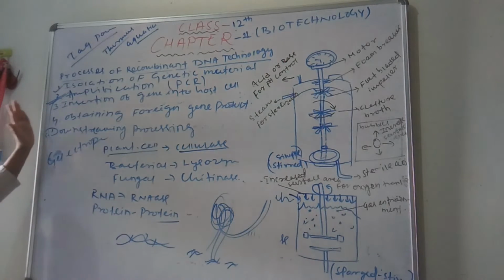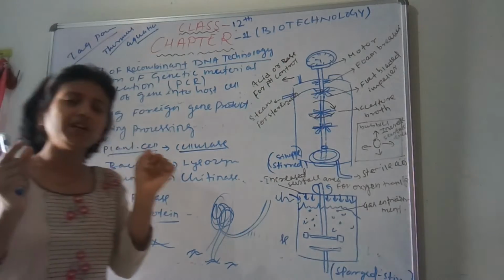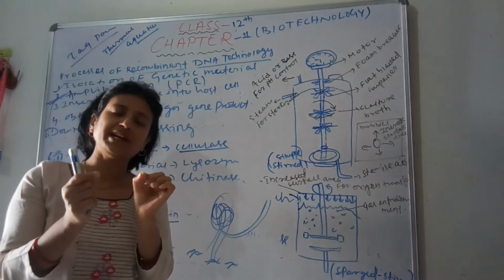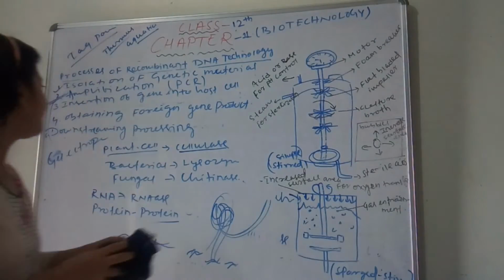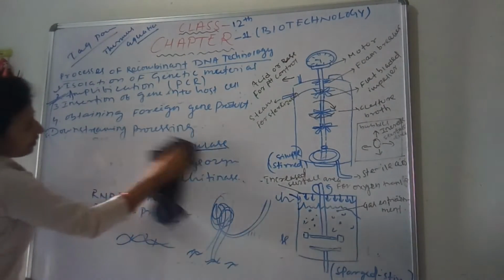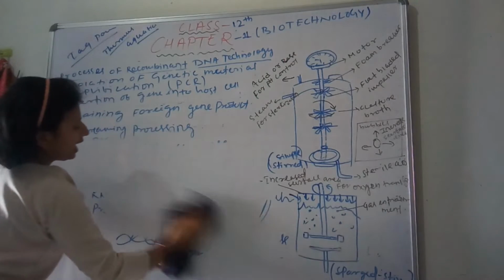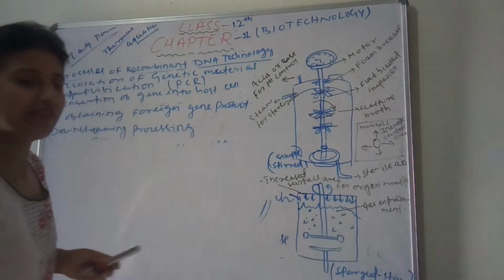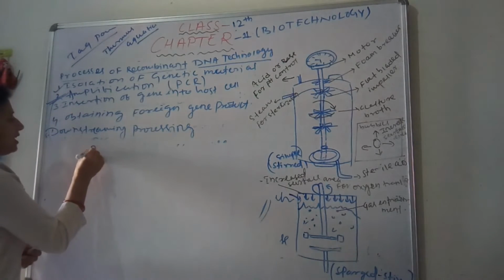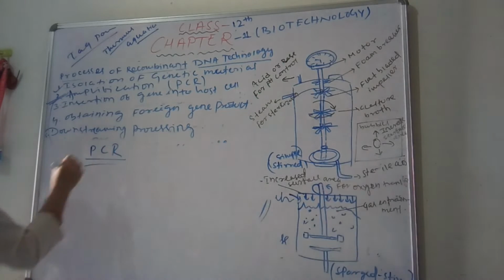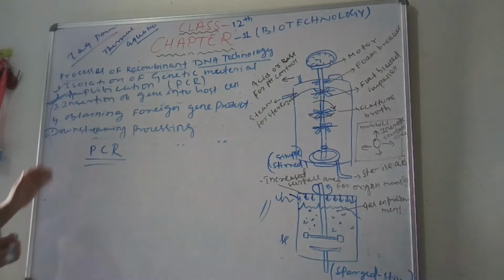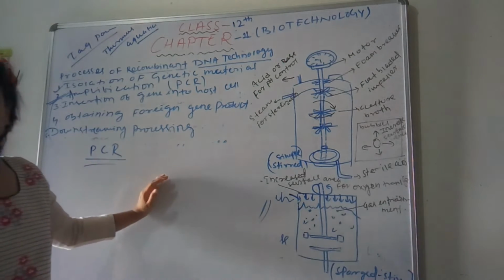After obtaining it, we have to make multiple copies of those desirable genes or DNA. For that, here we need a reaction. We need to see how it is possible. Here we can see PCR, polymerase chain reaction, for amplification of gene of interest.